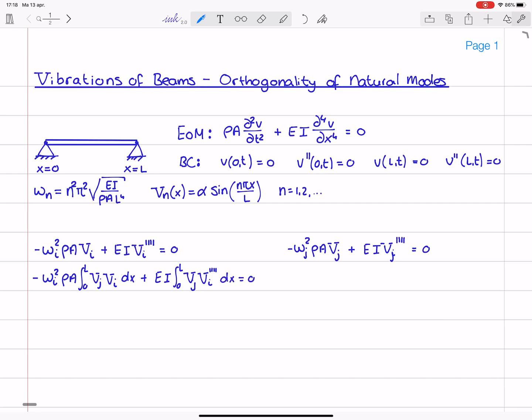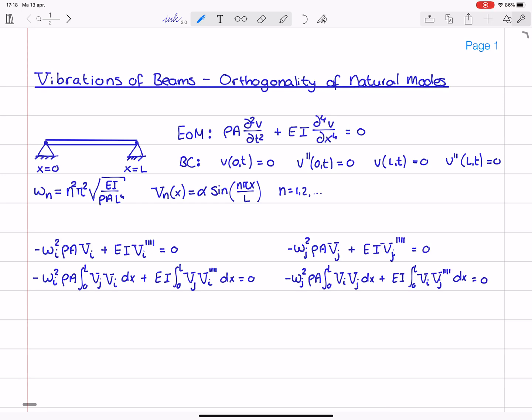This is equal to 0. And here very similar, minus omega j squared rho A integral from 0 to L Vi Vj dx plus EI times the integral of Vi Vj fourth derivative dx also equal to 0.